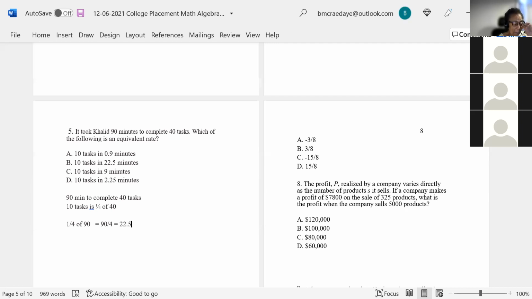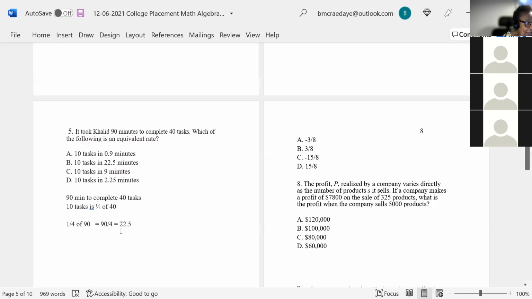That's what I say, it's mental math, because all your choices say 10 tasks: 10 tasks in 0.9 minutes, 10 tasks in 22.5 minutes, 10 tasks in 9 minutes, 10 tasks in 2.25 minutes. So you just say, I'm doing 1/4 as many tasks, so it's going to take me 1/4 as many minutes.